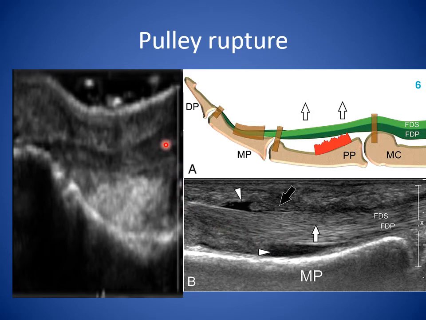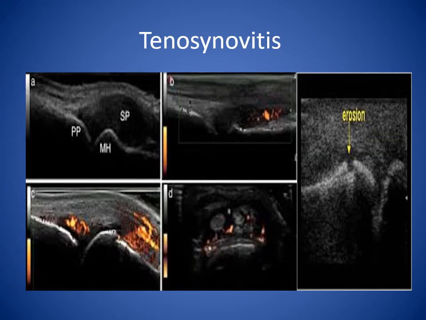In this case, this is like a chronic setting because we cannot see any fluid, but we notice that the tendon is moving much farther away from the bone, denoting a chronic pulley injury.